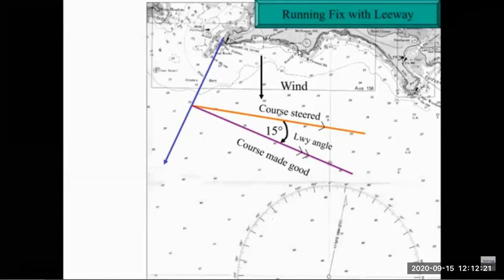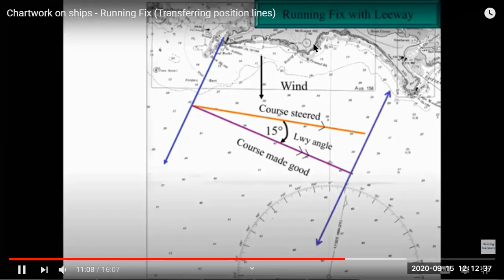Suppose this course was 095, so the new leeway track will be 110, which will be your leeway track or course made good if there is no current. And once we mark the speed and get the estimated position, from there we will transfer the initial position line, which will be marked with double arrows.